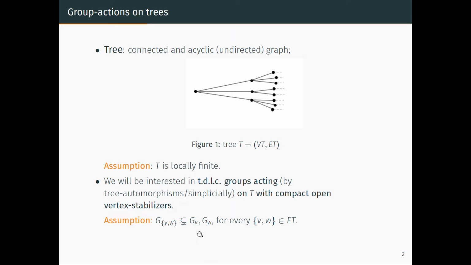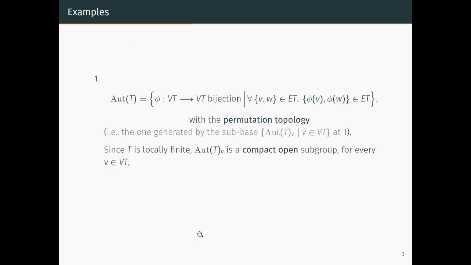So some examples. The most natural one is the whole group of tree automorphisms of a locally finite tree T, that is the set of all self-bijections on VT preserving the adjacency relations on the tree, and it is a natural TDLC group with the permutation topology. It is the group topology generated by the subbase given by vertex stabilizers.